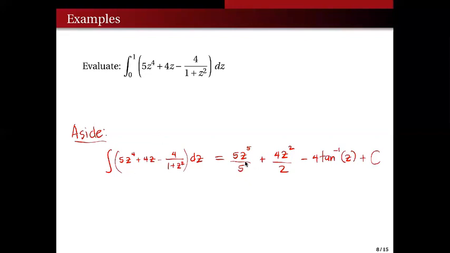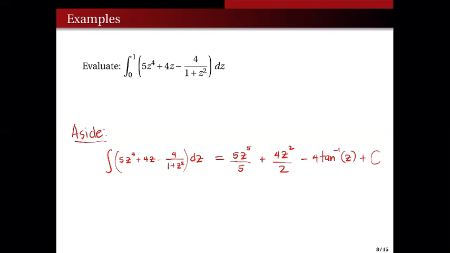So what now? We have the general antiderivative. Remember, when dealing with the definite integral, you can use any antiderivative. Okay? You can use any. So what we're going to do here, when we evaluate this, we'll just choose the antiderivative with c equals 0.